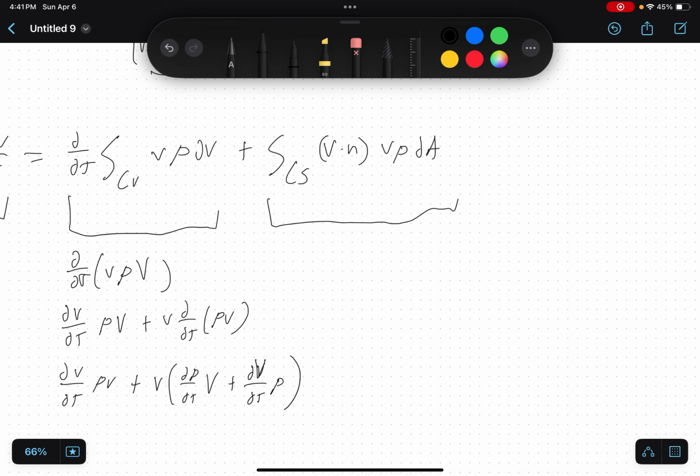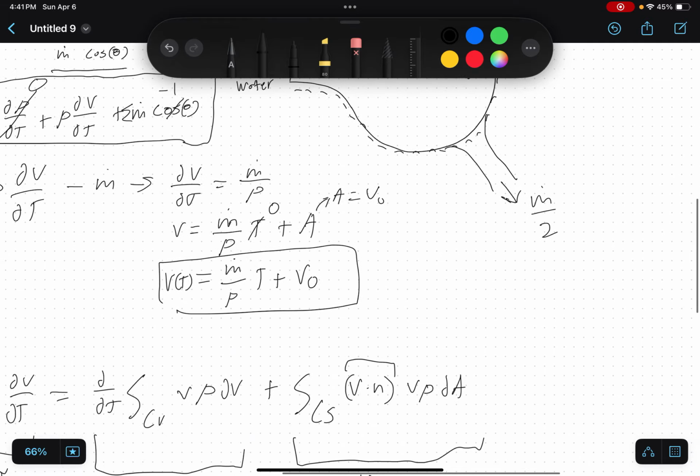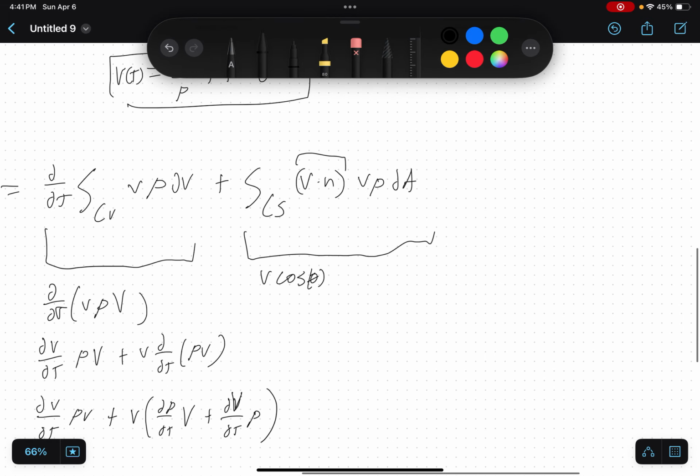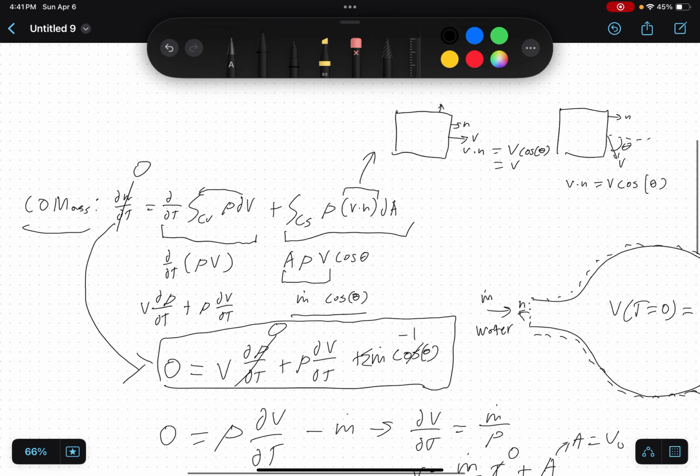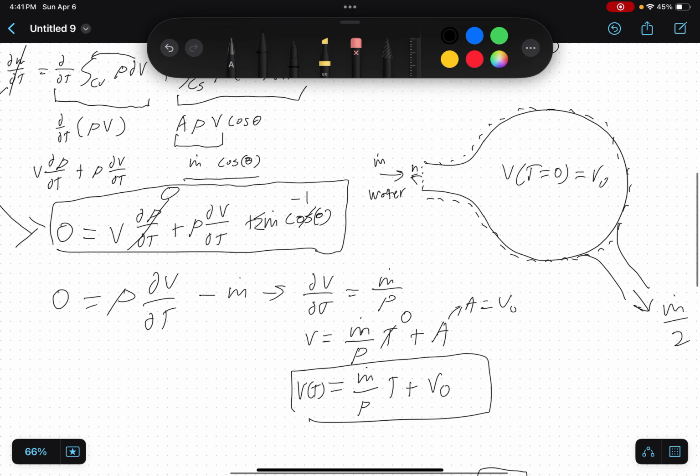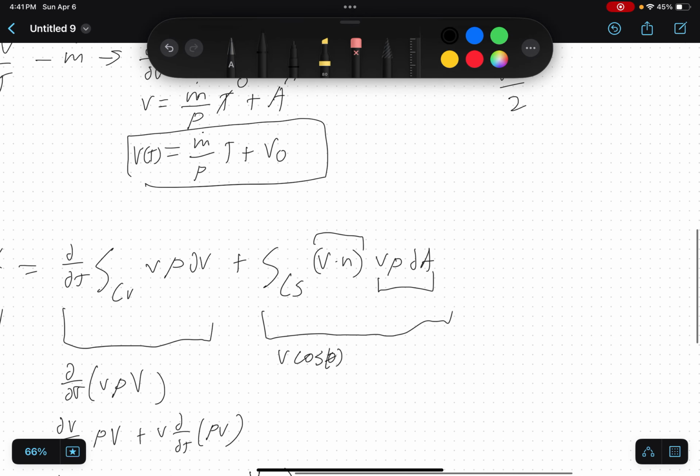Cool. So this term, v dot n, is just v cosine theta. We went over that up here. What is that term? Let's assume you can bring the A out of the integral.